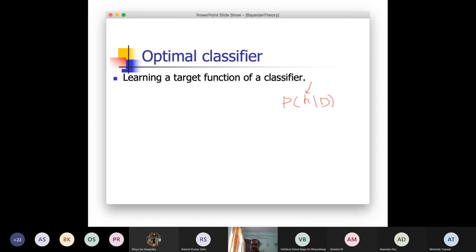Suppose I am considering every hypothesis in the hypothesis space, and I am trying to design an ensemble classifier, the aggregation of the decision. So every hypothesis is giving me some value of the target function, right? I may consider each and every hypothesis decision, but they should be weighted by this factor.